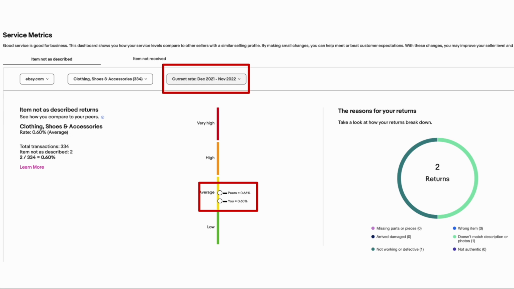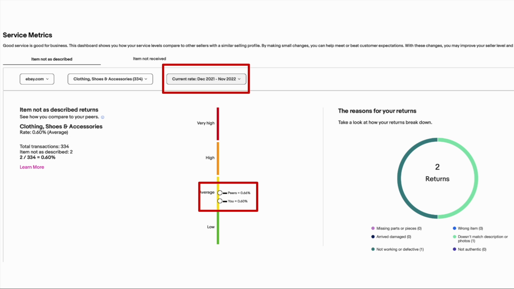So I'm looking at my return rate here, and the category is clothing, shoes, and accessories because that is the category with the highest return rate. I don't get returns on my books and calendars or vintage items or plush, and I really focus on selling items that don't get returned. So that is working out.